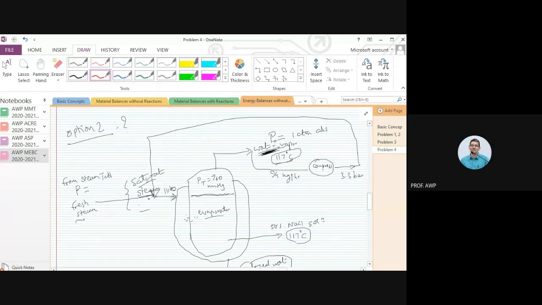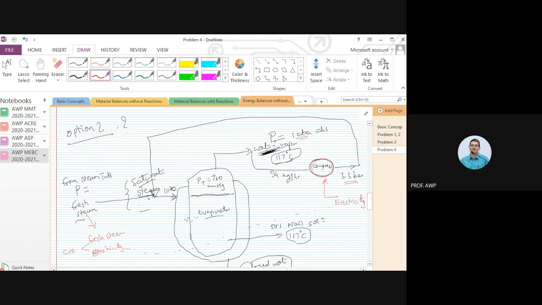Yeah, so I will need to compress it to higher pressure. From 1 atmosphere absolute, I will compress to 3.3 bar. So I will require some electricity. Now the cost would be the cost of this fresh steam plus the cost of electricity, isn't it?